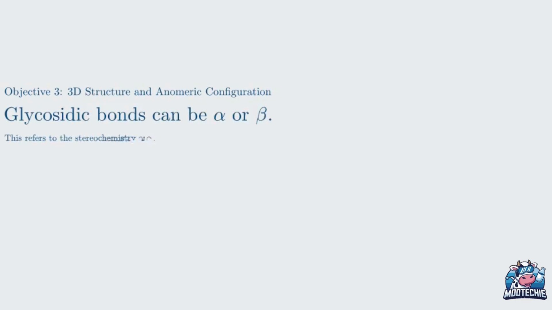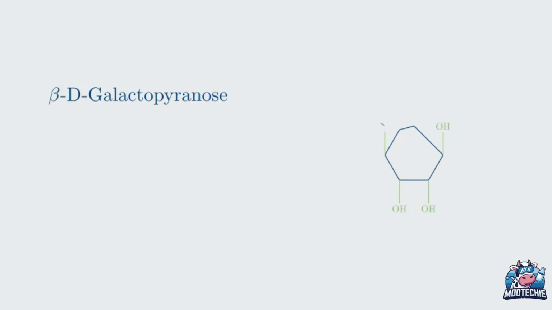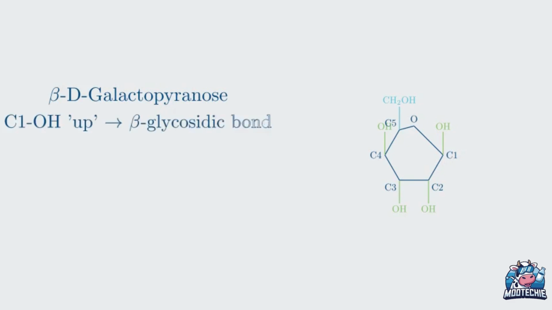Glycosidic bonds can be alpha or beta. This refers to the stereochemistry around the anomeric carbon, or C₁, of the first sugar unit. In our case, the galactose. Let's re-examine our beta-D-galactose. Remember, the hydroxyl group on C₁ is in the beta position, meaning it points up from the plane of the ring. When the bond to the second sugar forms and that C₁OH group is in this up orientation, we call the resulting bond a beta-glycosidic bond.